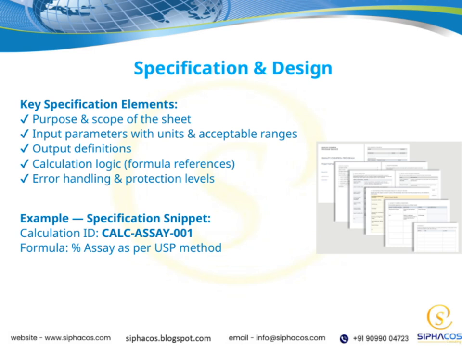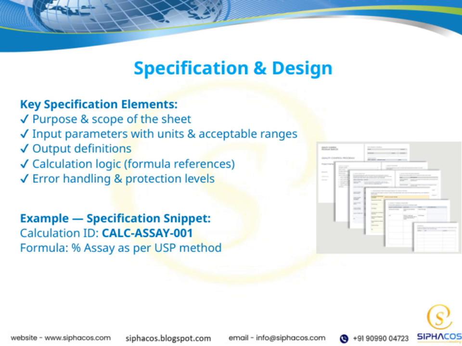Lastly, error handling and protection levels are important. We need to specify how errors are managed and what protections are in place to prevent incorrect data or calculations from affecting results. For example, consider a calculation ID like CALC assay 001, which uses a formula based on USP methods for percent assay.